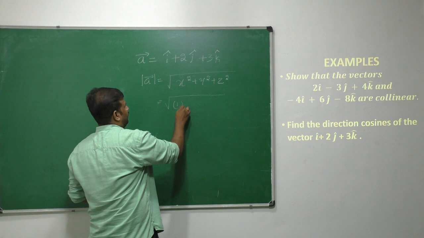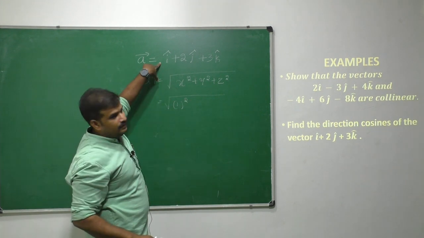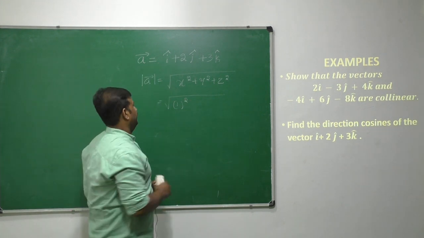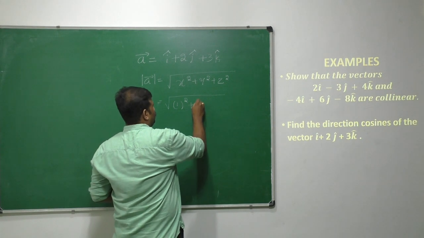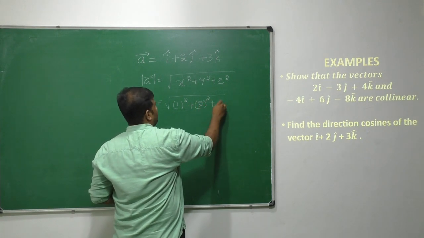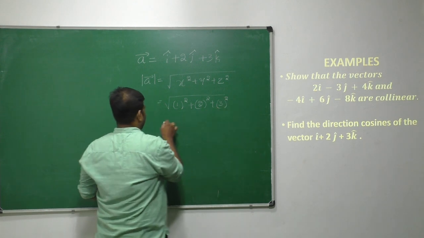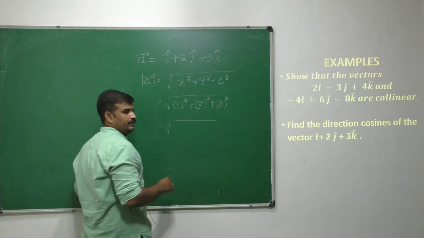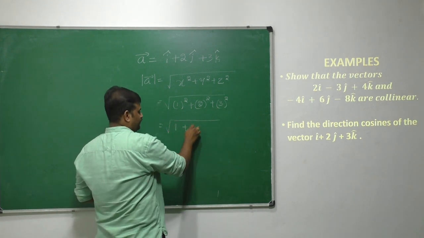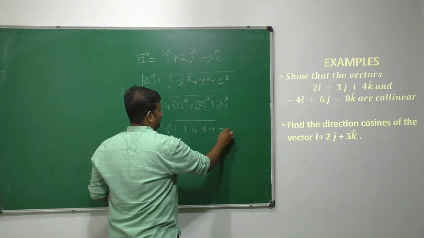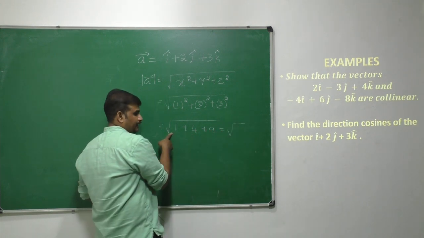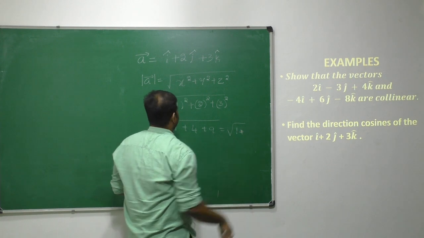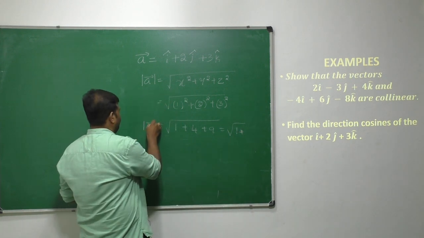It is 1 square. If there is nothing written, we treat it as 1, plus 2 square plus 3 square. That is equal to root of 1 plus 4 plus 9. So clearly 9 plus 4 is 13, 13 plus 1, it is root 14. That is your magnitude of A.